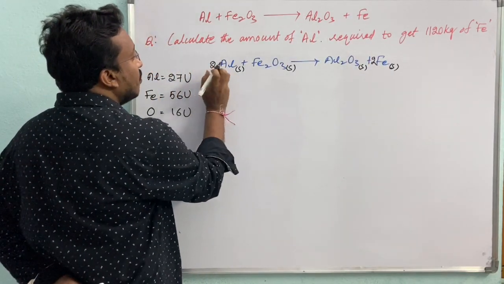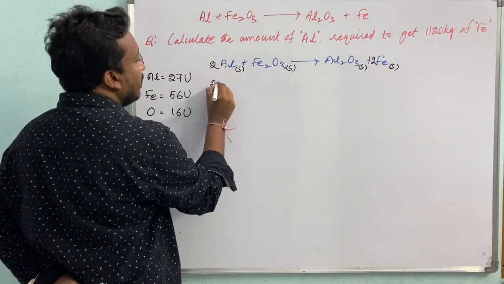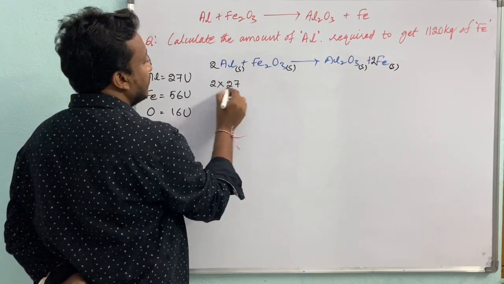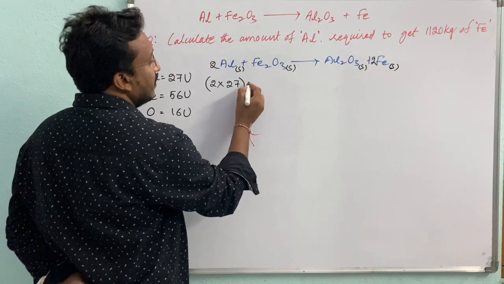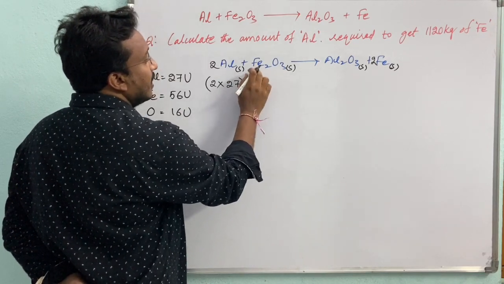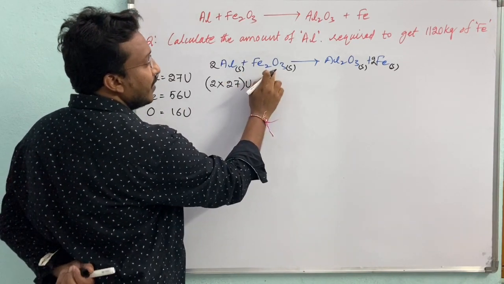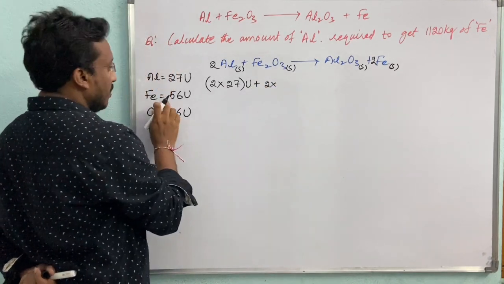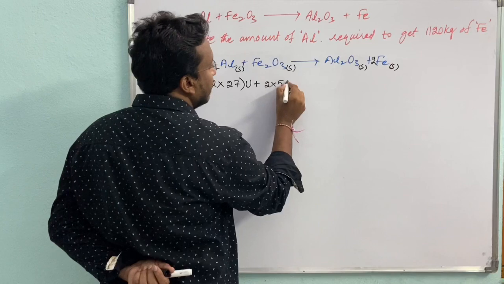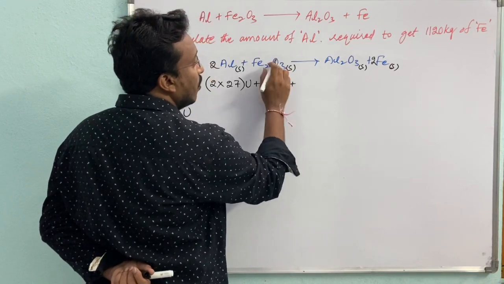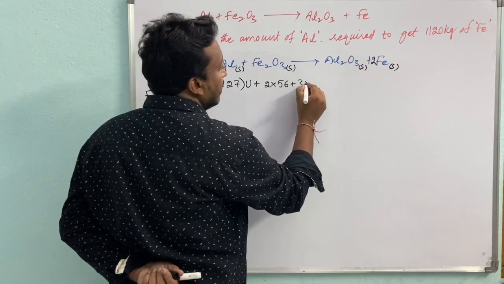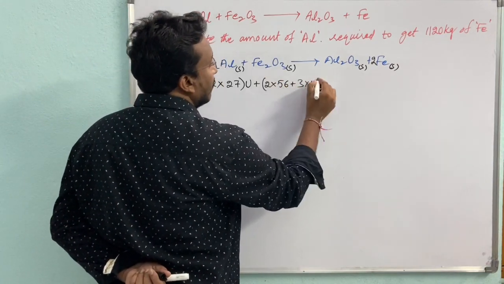2 aluminums, so 2 into 27, plus 2 Fe, so 2 into 56, plus O3, meaning 3 oxygen atoms, 3 into 16.